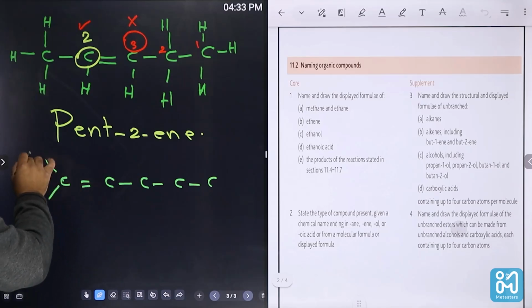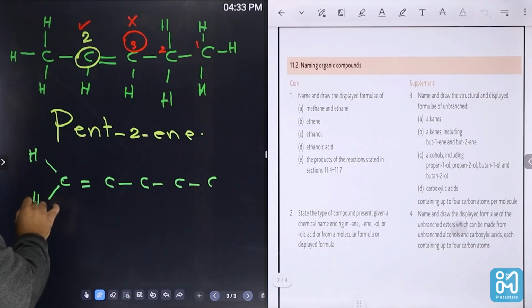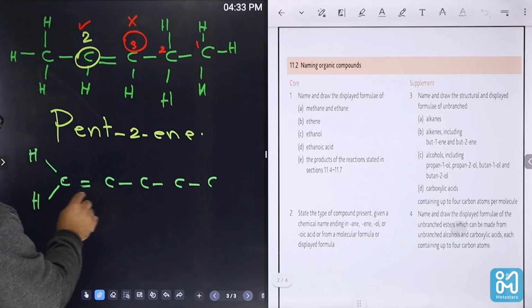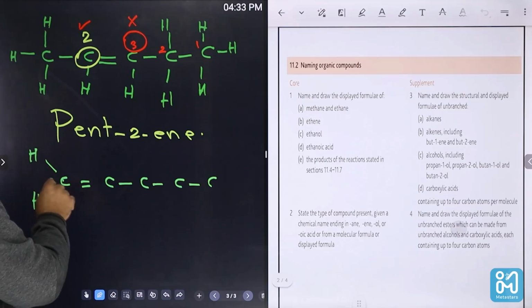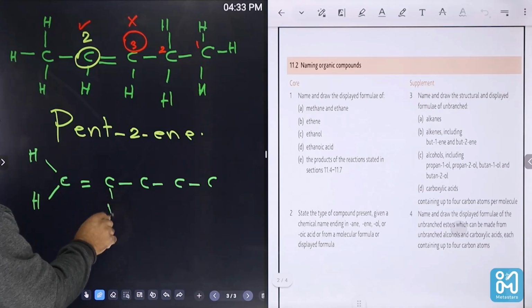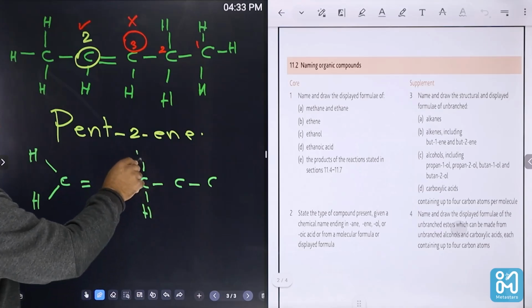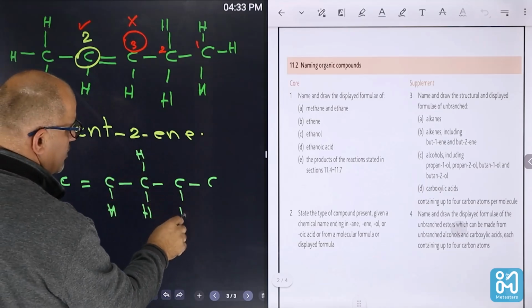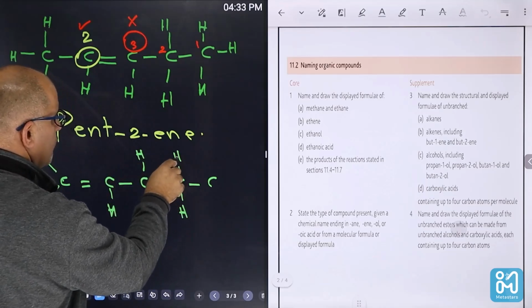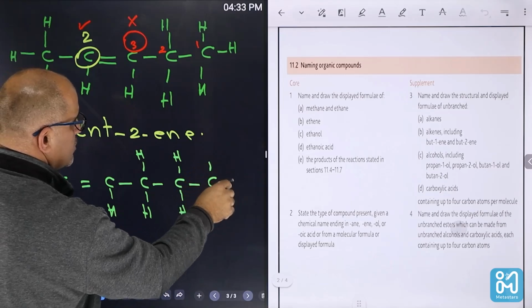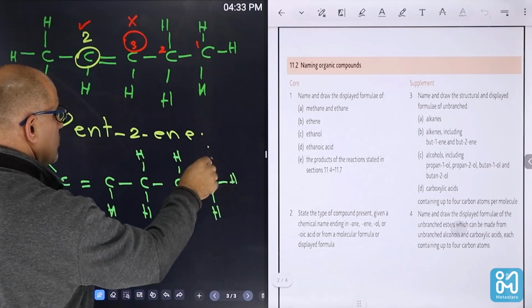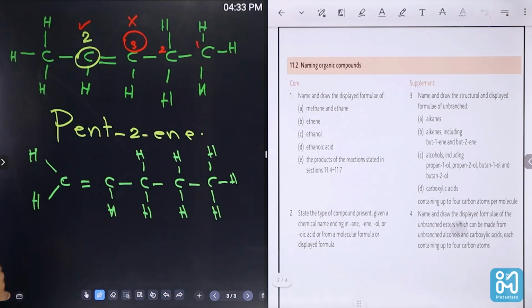We can put the carbon double bond on the first carbon. Now count the 4 sharing electrons, 1, 2, 3, 4, 1, 2, 3, 4, this is hydrogen. Now 1, 2, 3, 4, this is saturated carbon. And here we have 1, 2, 3, 4 covalent bonds around each carbon.